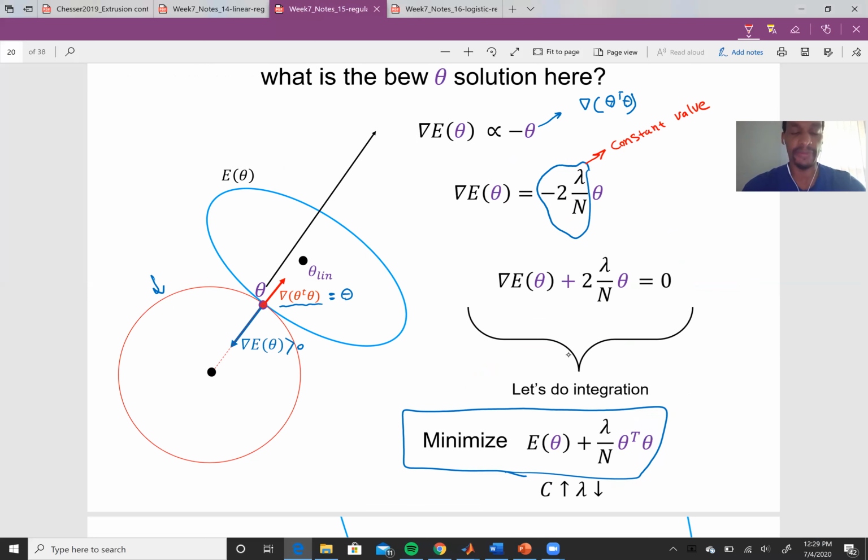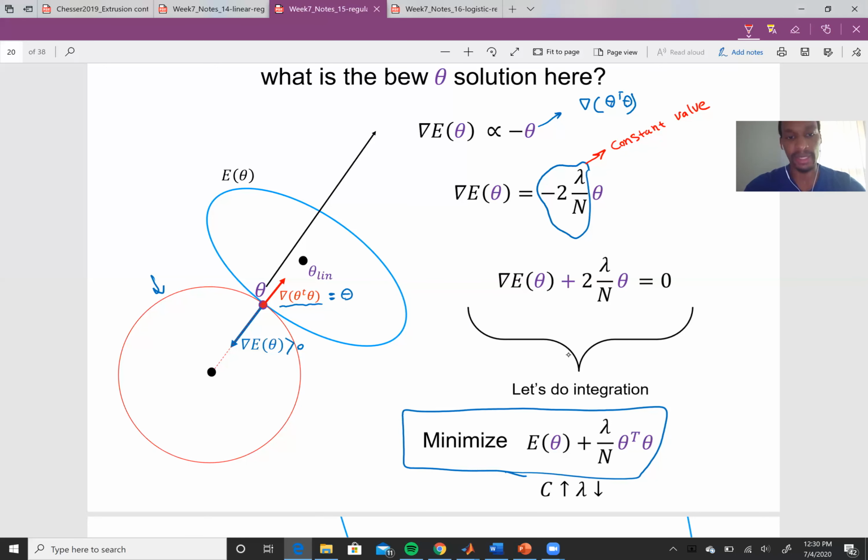If I had this circle be larger than the ellipsoid, then all these points are fine. But the place where it's optimal is when you get the minimum error that satisfies the constraint, and that's at this point here.